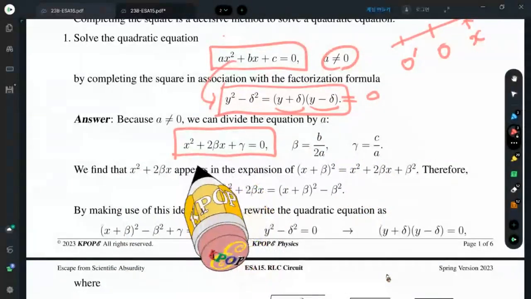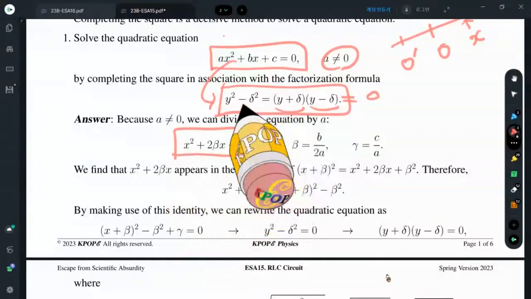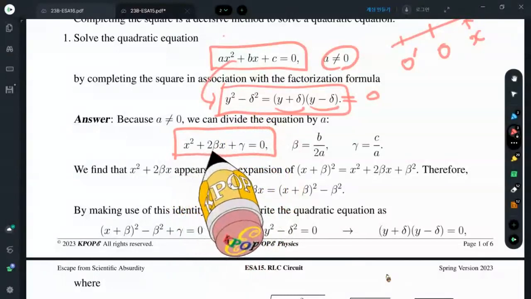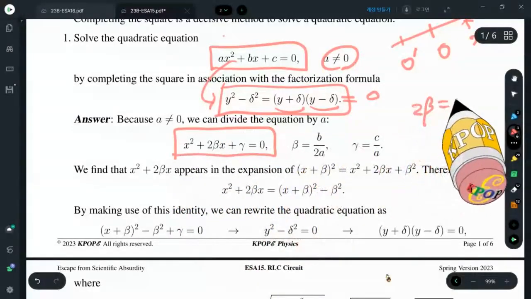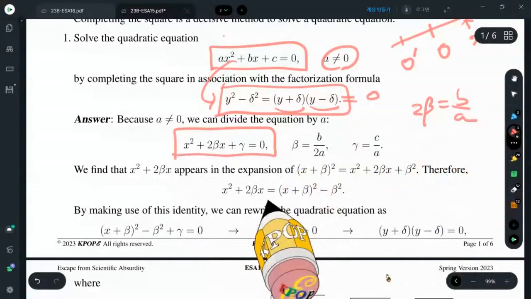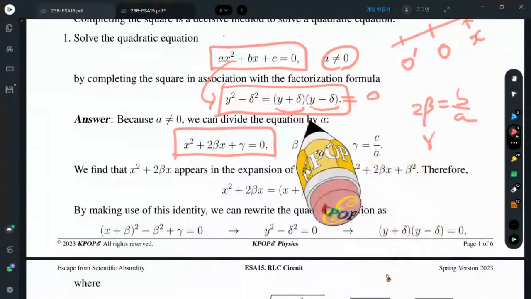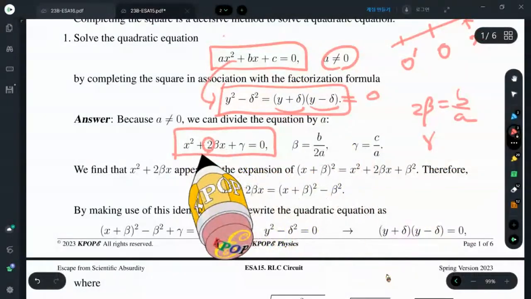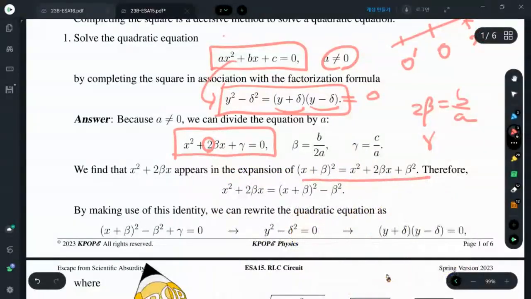So first, I define this to make a completing the square: x squared plus 2 beta x plus gamma, where 2 beta equals b over a and gamma is c over a. Introduction of this additional factor of 2 is to make use of the expansion formula.